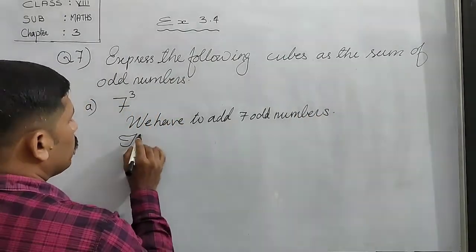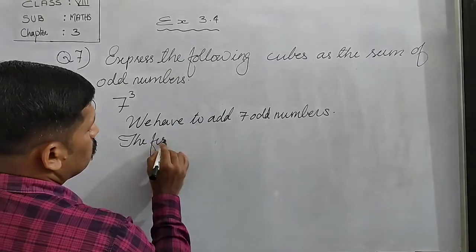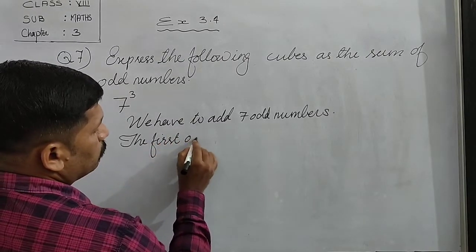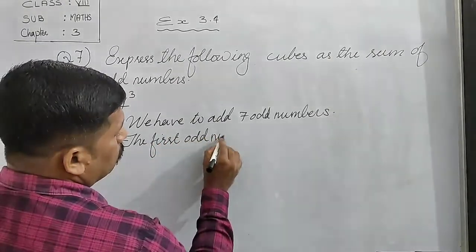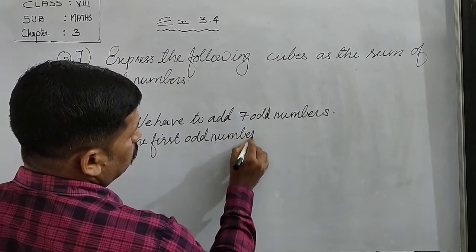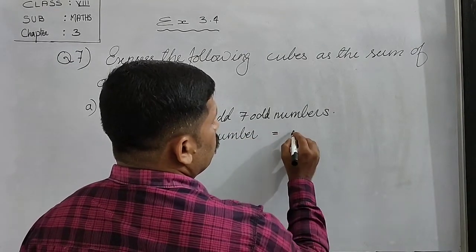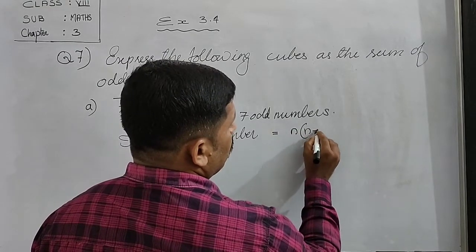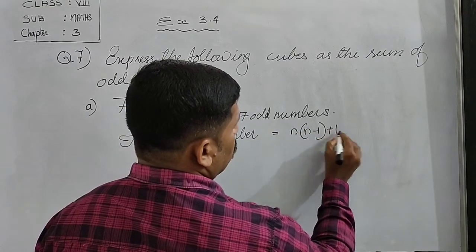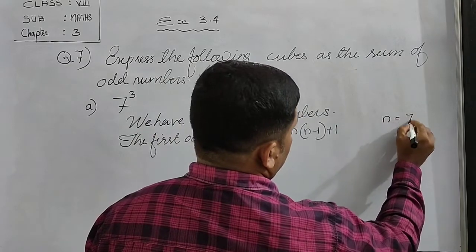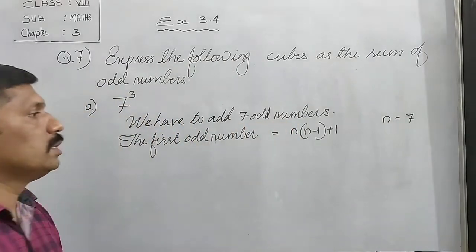The first odd number is equal to the formula n into n minus 1 plus 1, and here n is equal to 7, because n is the number whose cube we want to find.